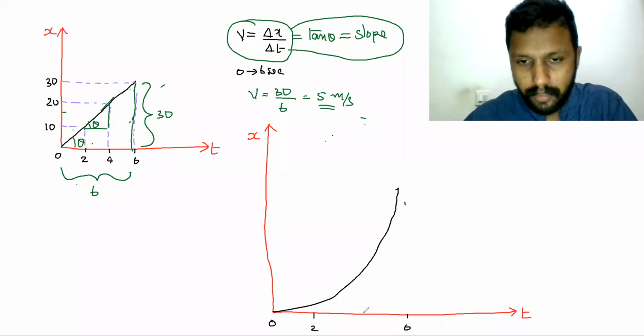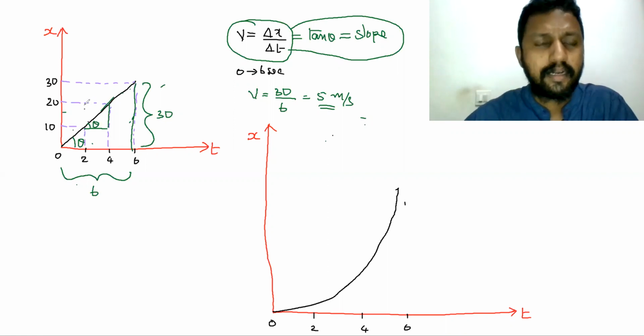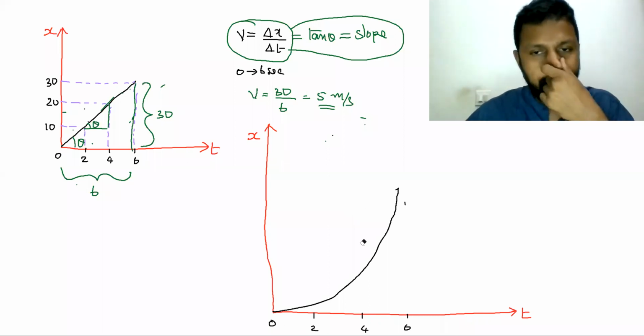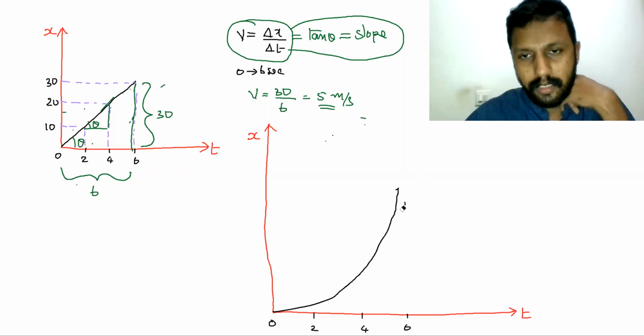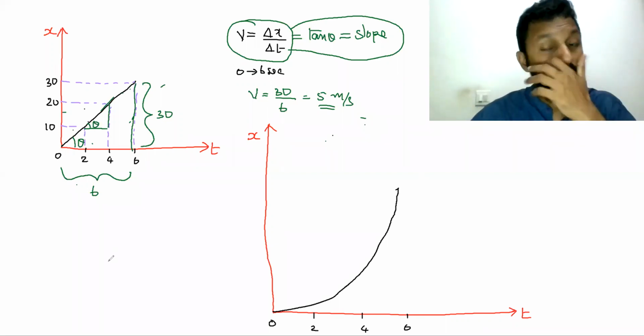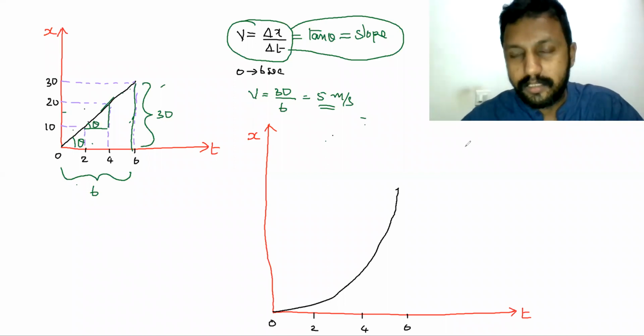Let this point be our 4. Then compare these two graphs. Are they the same? No, they are not the same. This is a straight line while this is a curve.